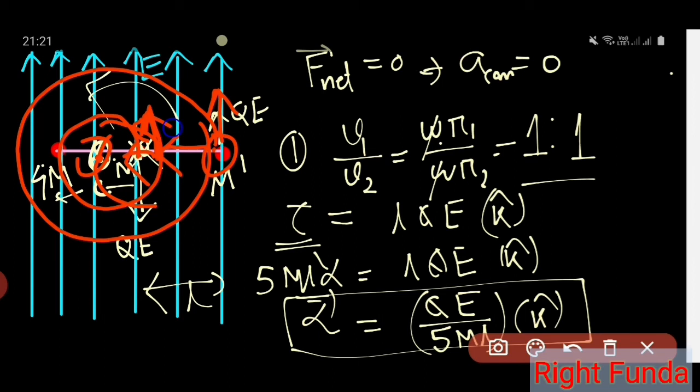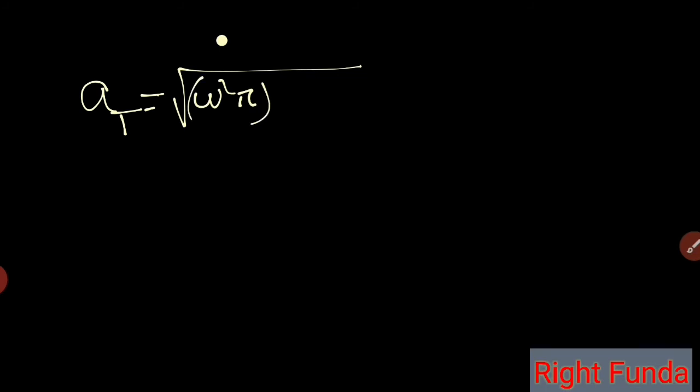So let's see. Total acceleration is equal to under root of (omega square into R) whole square plus (alpha into R) whole square at any point of time. Because it is moving with a constant torque, constant angular acceleration is acting, so omega is equal to alpha t.